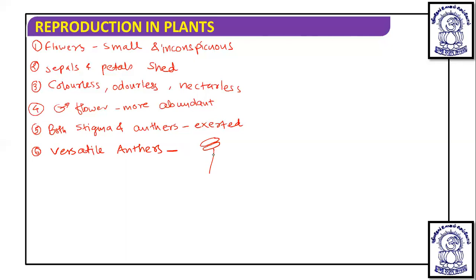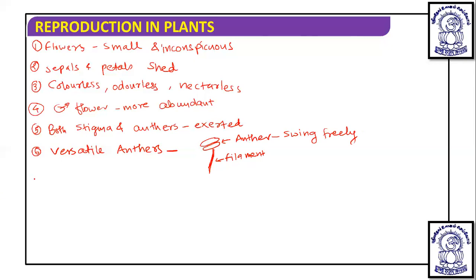If this is the back side, where the filament is attached, and this is the anther, if the filament is attached at the back, the anther can swing freely. Then this condition is known as versatile anther.